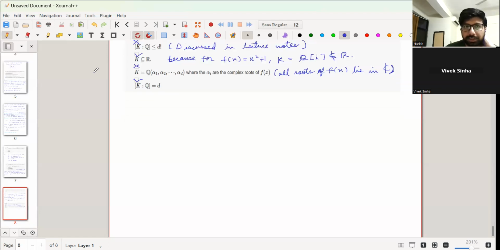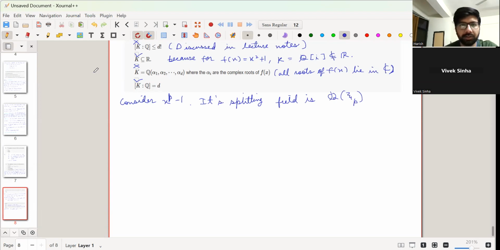So for this, what we can simply consider is x^p minus 1. Its splitting field is Q adjoint zeta_p.